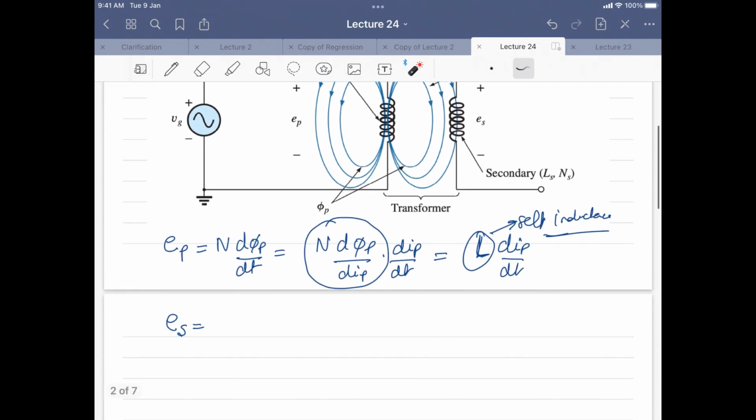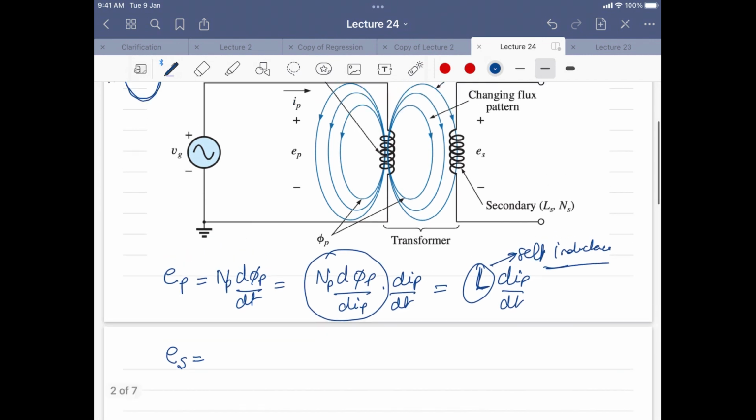And this is nothing but, let me call this NP, the number of turns in the primary coil, and then we have NS d phi m by dt. Here NS is the number of turns in the secondary coil, which is present in the secondary portion of it.